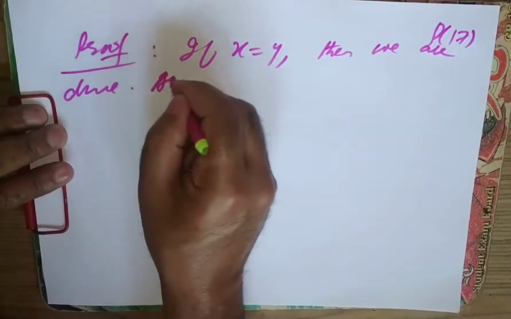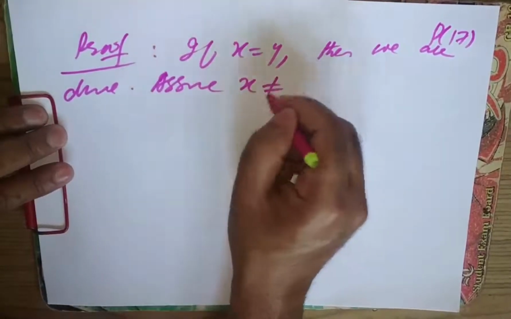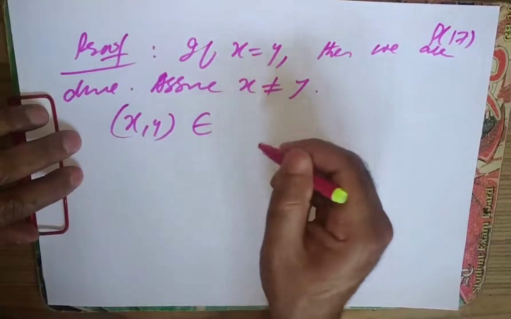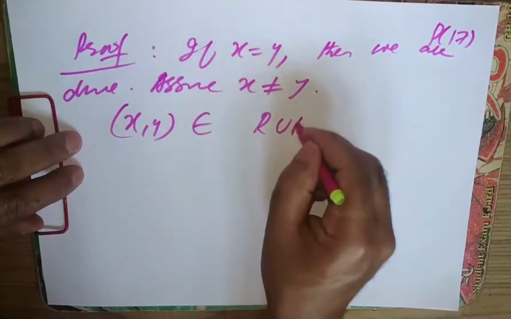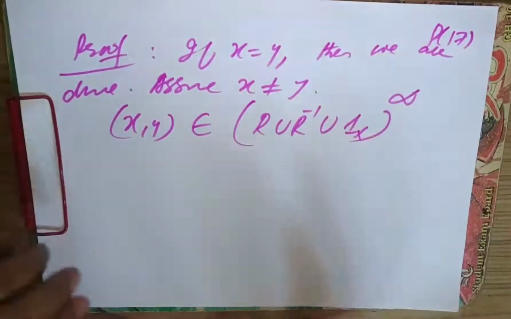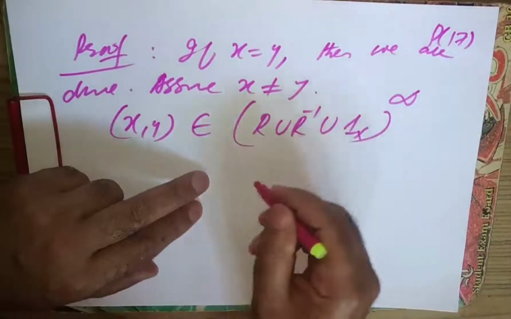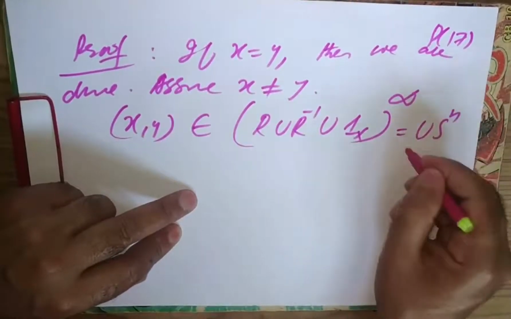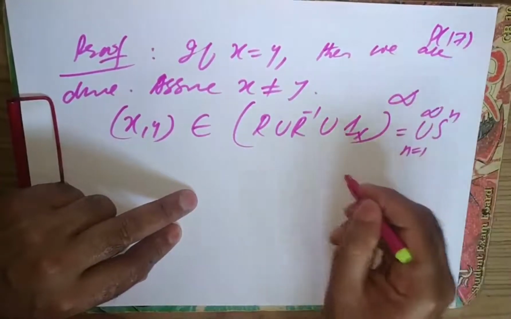Then we are done. So assume X is not equal to Y, and X comma Y belongs to Re, which means R union R inverse union Ix to the power infinity. So infinity means it's actually the union of Sn, where n runs from 1 to infinity. What is this?